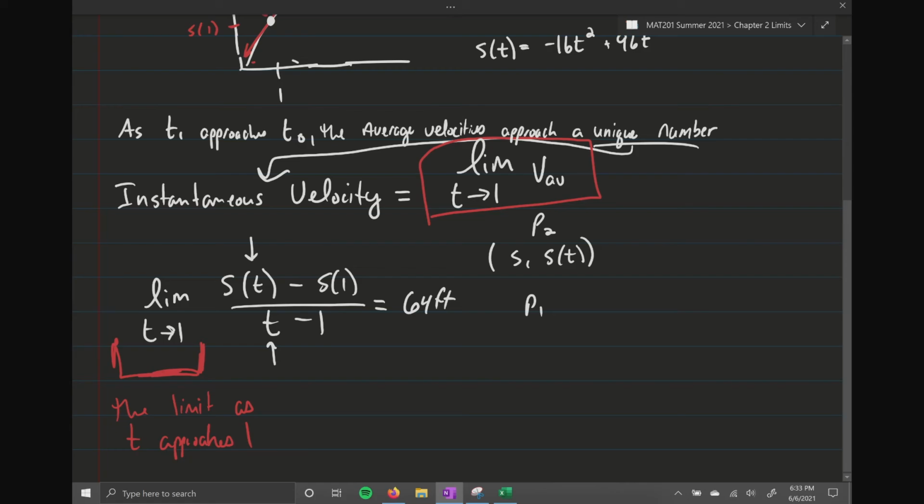So we let this get infinitely close to 1. The arrows are going to be the arbitrary point, that point 2 that we let get closer and closer to our first point, in this case t equals 1. And if we allow that to happen, as you saw in the graph, we approach that value, 64 feet. I hope that helps to explain instantaneous velocity and what a tangent line is.